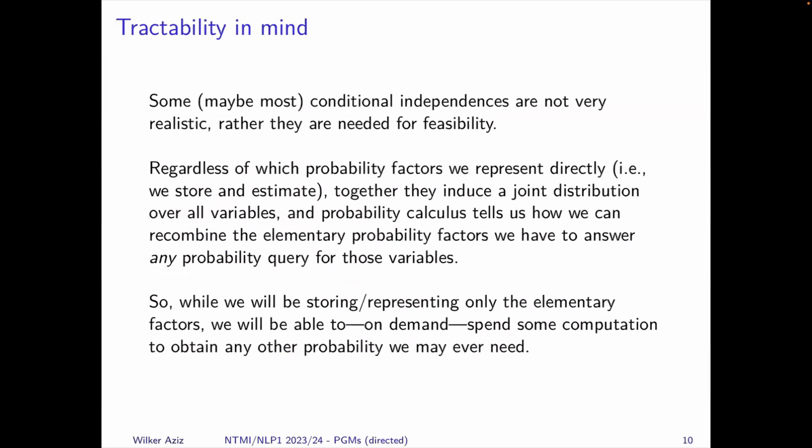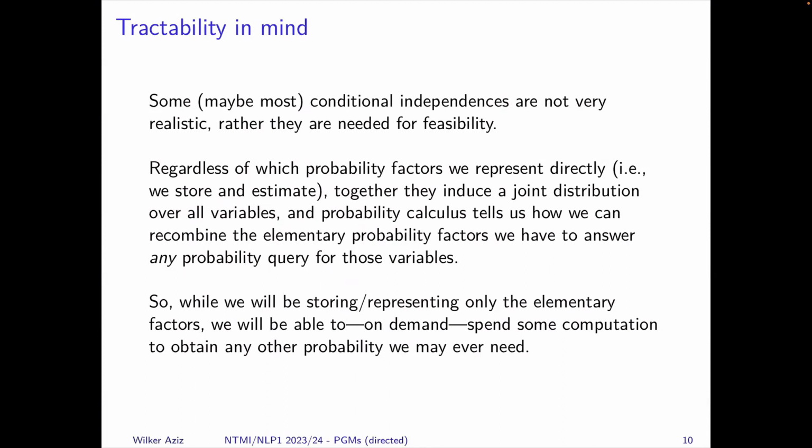Now, sometimes you can motivate those with knowledge of the domain, but many independencies, as we shall see, are not very realistic. They are motivated basically by convenience. The autocomplete example might be a good one. When you're predicting the next word, perhaps you only care about the last 1 or 2 words and not the 10th or 12th word in the history, just because that will lead to some more feasible solution, not because it's necessarily realistic.